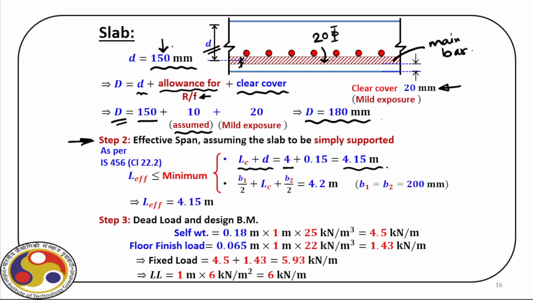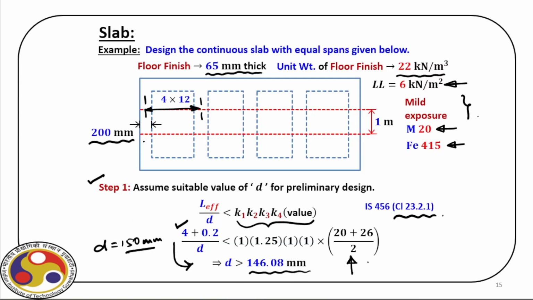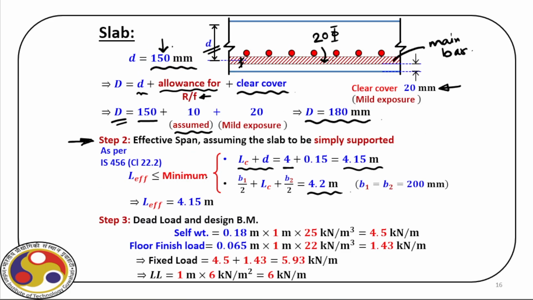So 4.15, or the second condition is B1 by 2 plus Lc plus B2 by 2, which is 4.2 meter. Remember, B1 and B2 are the widths. So here it is B1 and here it is B2. Both of them are 200 millimeter. So L effective what we get is 4.15.